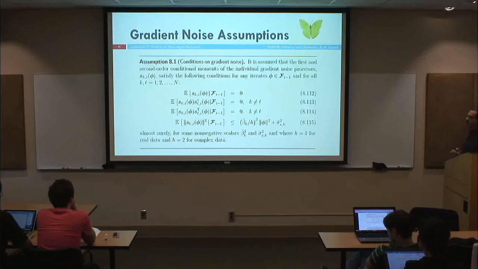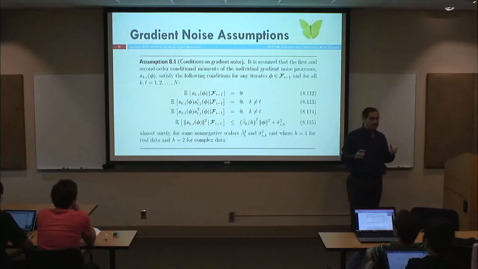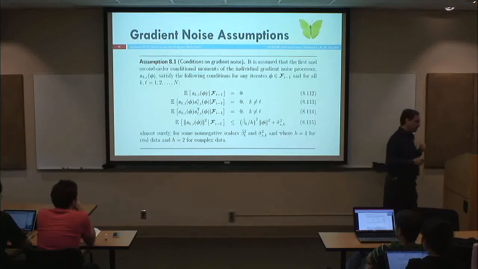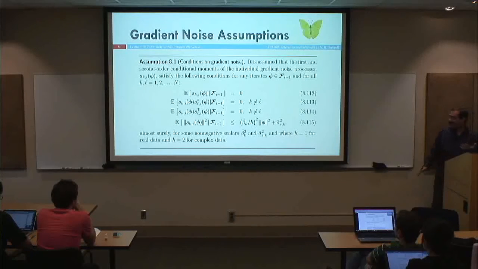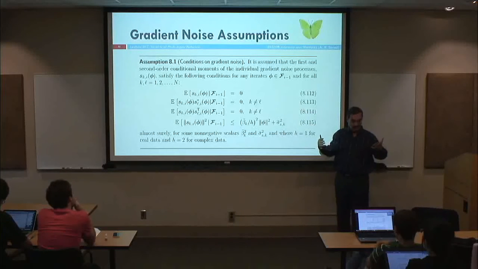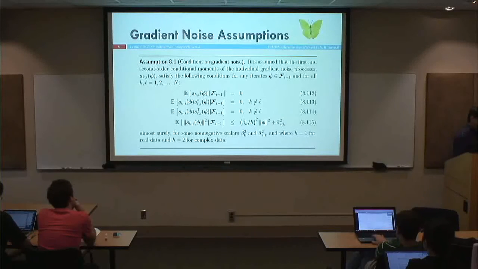So what are the assumptions we need to introduce on gradient noise? They are the same assumptions we introduced when we studied, for example, centralized solutions and also single agent solutions, right? And I showed you that many costs in practice, like quadratic costs, logistic costs, satisfy these conditions, okay? I'm just reminding you what they are. That the gradient noise is zero mean. You would like the gradient noise to be zero.